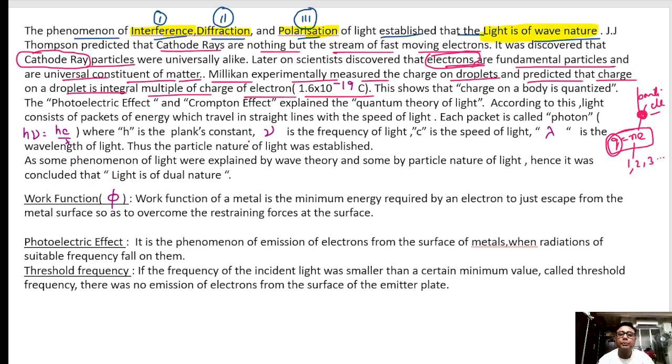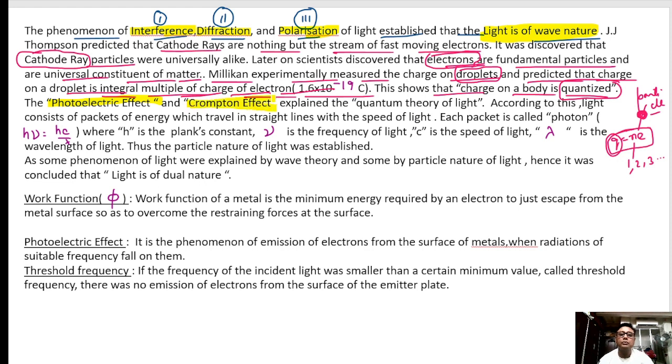This shows that charge on a body is quantized, which means you cannot have fractional values.